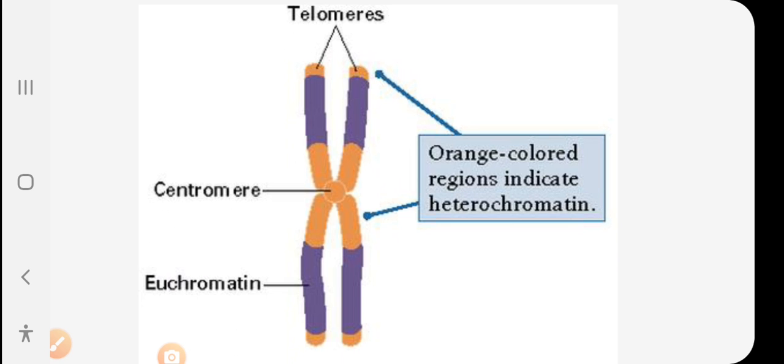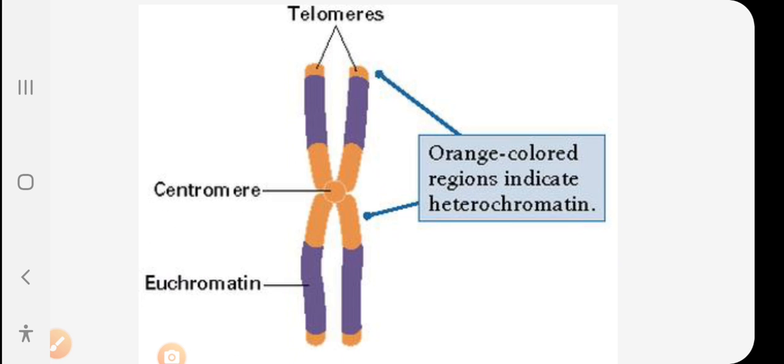Telomeres have repetitive sequences, hundreds of times, thousands of times. It is an AG-rich area, adenine and guanine rich.